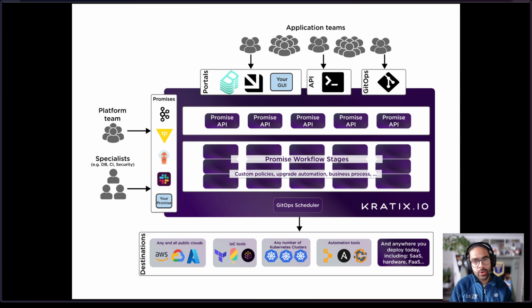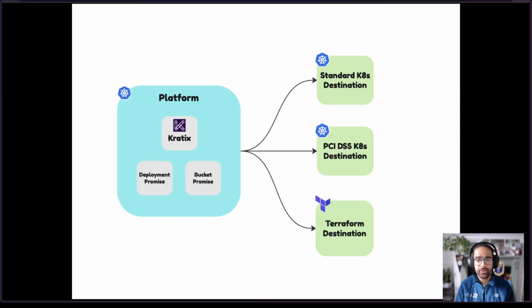So, Lars, we're going to go a little bit more into the details, first about destinations. Just to highlight a little bit more about what we mean by destination. Usually in a standard deployment of Kratix, you have the platform cluster. In the platform cluster, you have all of your promises installed. And Kratix, within the promise, allows you to determine where those particular workloads should run. So when I request a deployment, I may want to send that to a standard Kubernetes cluster if it's dev.